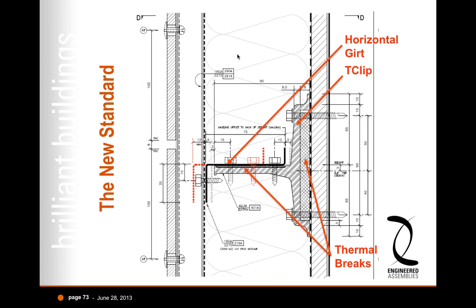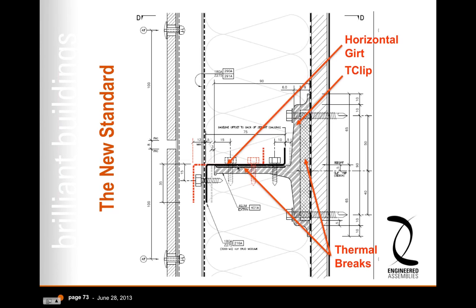This is a cross section of the T-clip and how it's attached to a wall system. We have the wall on the right-hand side, the sheathing, air vapor barrier, and the T-clip fastened to each stud. And then our horizontal Z-bar, which supports a breathable membrane, the vertical bar on the panel.